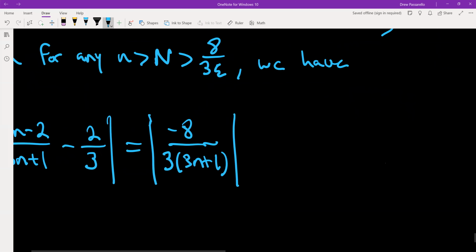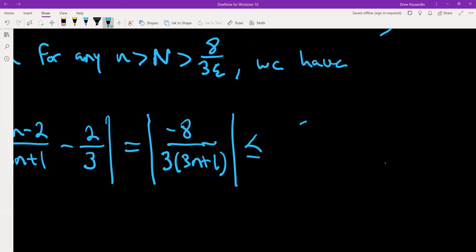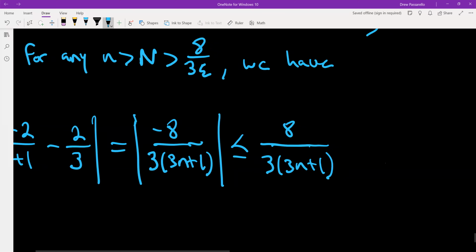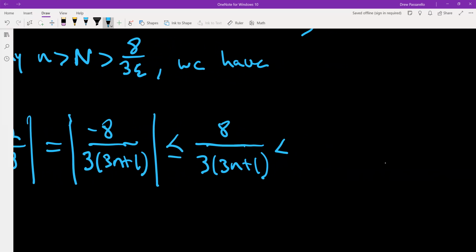And then that itself is less than or equal to just positive 8 over 3 times (3n plus 1). Well, this is less than just 8 over 3 times (3n plus 1). And this itself is less than 8 over just 3 times n, or 3 times little n.